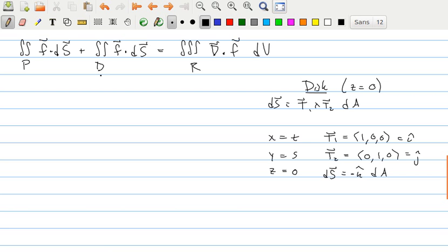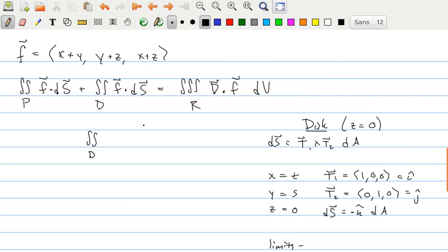Okay, so to finish up this disk part right here, we want to get our limits of integration, and we have a disk, so we're probably going to need to go to polar. So this double integral here is the double integral over the disk of F dot dS. Now our F was given by this expression right here.